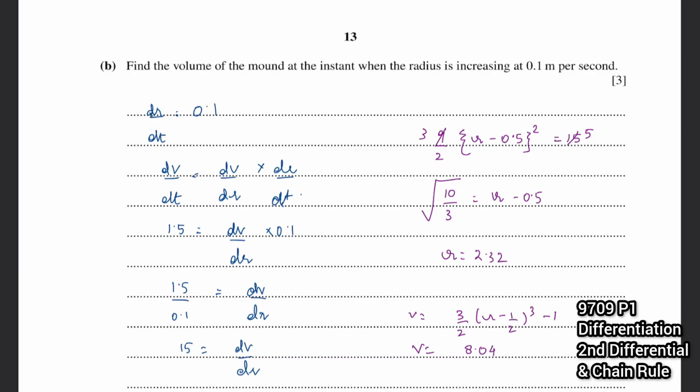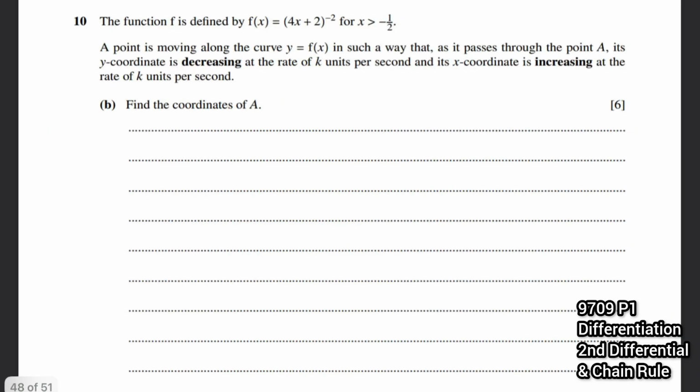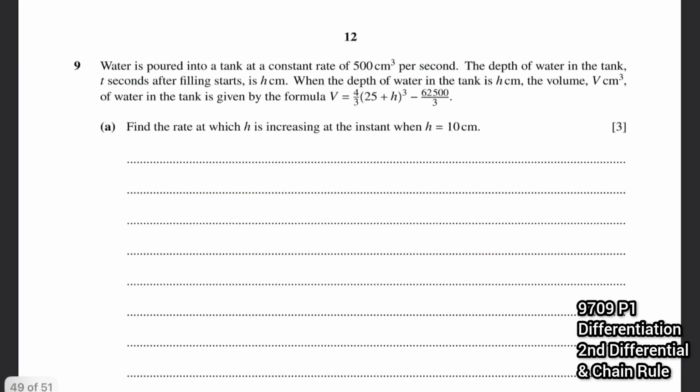That is the answer, and that is it for differentiation. With that, we come to the end of differentiation, and you can practice differentiation on your own. I'm leaving a lot of unanswered questions here, and that is going to be there in the notes, so you can practice them yourself.